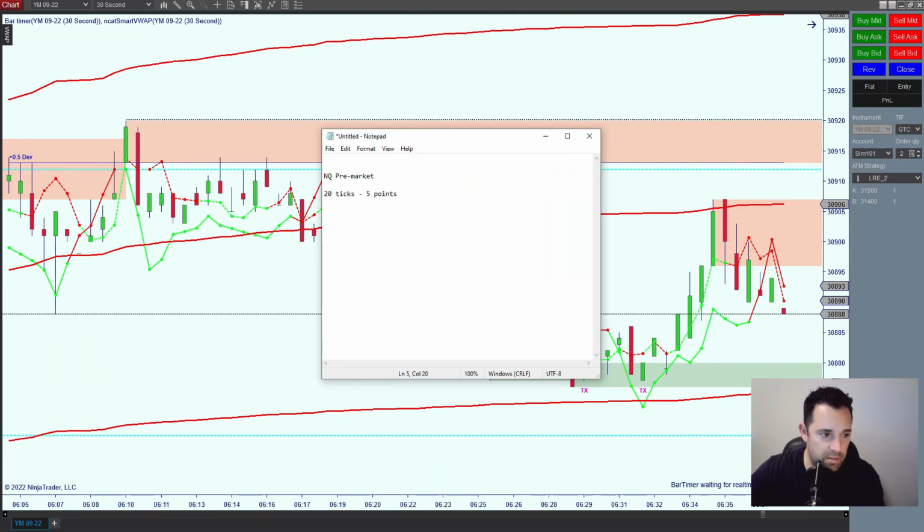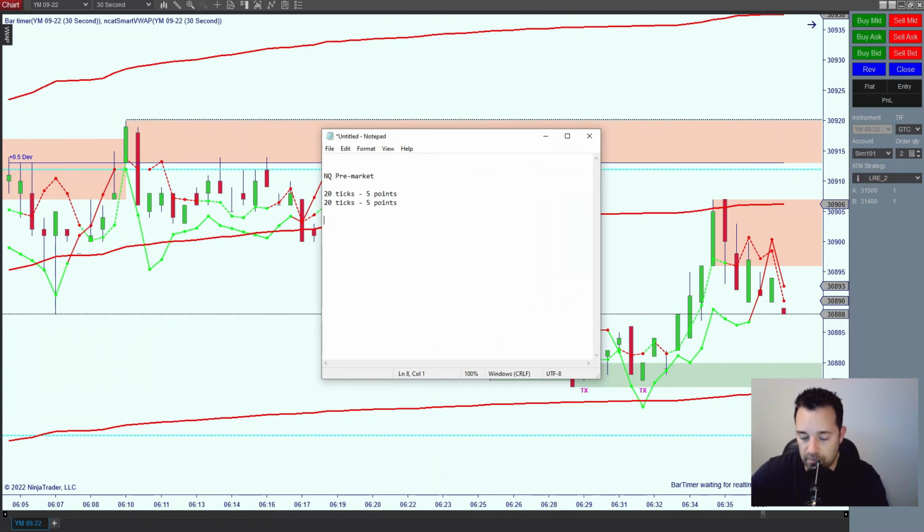It's the same thing. 20 ticks is 5 points. That's my profit goal per trade. My stop loss is, you guessed it, 20 ticks or 5 points. That's pre-market. So it's basically a 1-to-1 ratio. I lose 20 ticks or I make 20 ticks. Every now and then, if the market's moving faster, if there's a good target, I'll go for more. But this is what my ATM is set to.